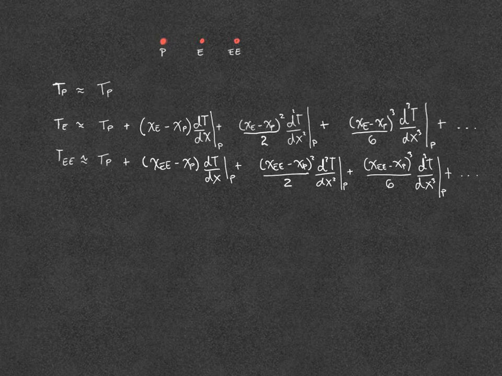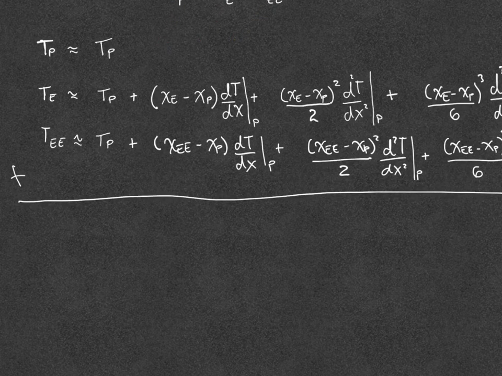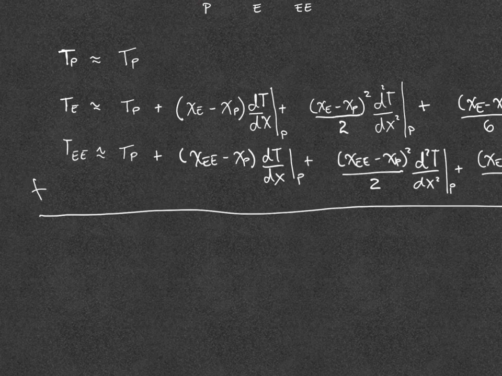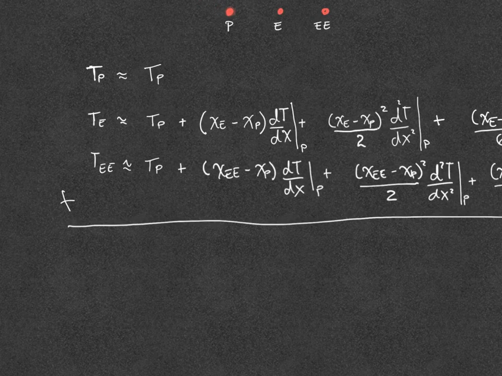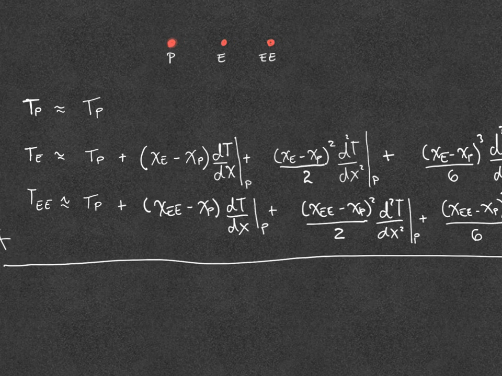Now we will sum these equations, with a plus here, and I will write very small: TP plus TE plus TEE. Remember that at the very beginning, maybe I didn't write it down, but it's important I write it down.